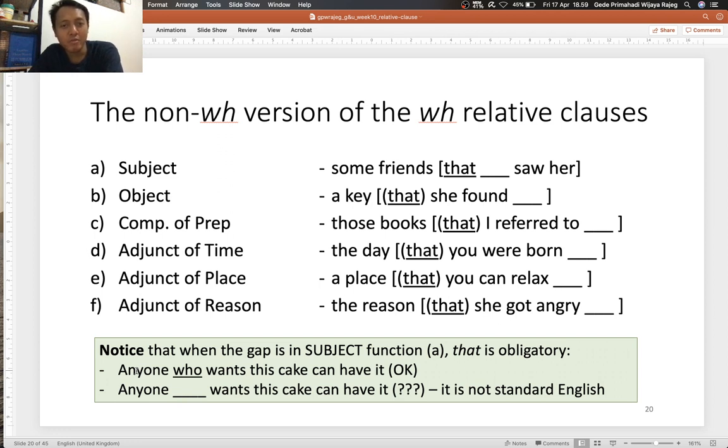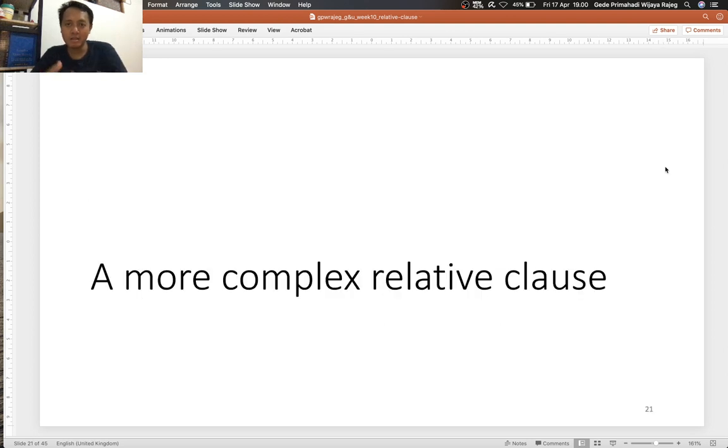But when you say anyone wants this cake can have it, that's not standard English. So the subject in this case requires the relative pronoun. The subject of a relative clause needs the relative pronoun, either WH, such as who here, or the that pronoun. Okay. All right, so that's WH and non-WH relative clause.